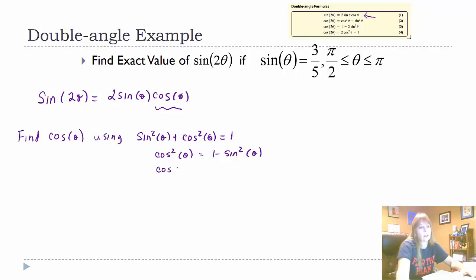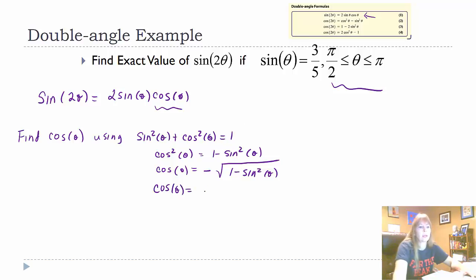And so cosine theta equals the square root of 1 minus sine squared theta. And I can see I'm in, as I mentioned up here, quadrant 2, and cosine is negative in quadrant 2. So all I have to do is plug in, which I probably could have done up here, less steps, but we like lots of steps.